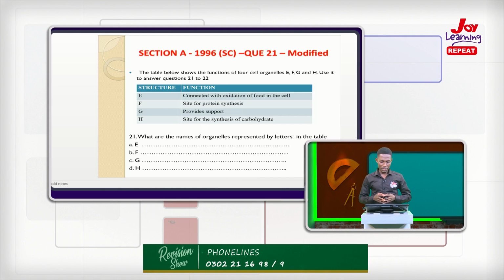F, site for protein synthesis. G, provides support. H, site for synthesis of carbohydrates. This came in 1996, so imagine it's your time. Please call in. I gave you slightly lower ones. I've now upped the tempo a little bit.